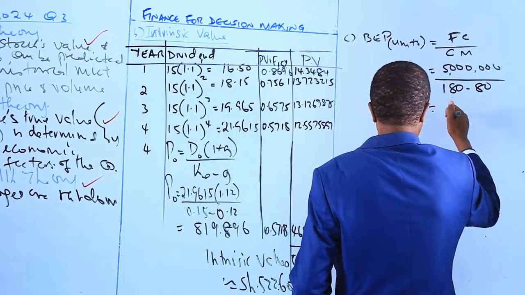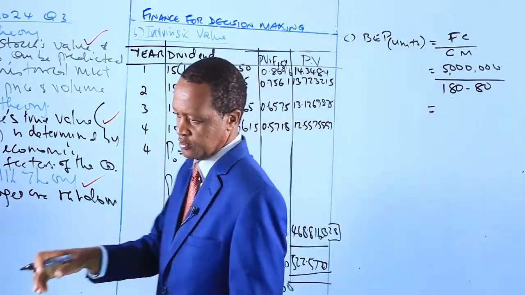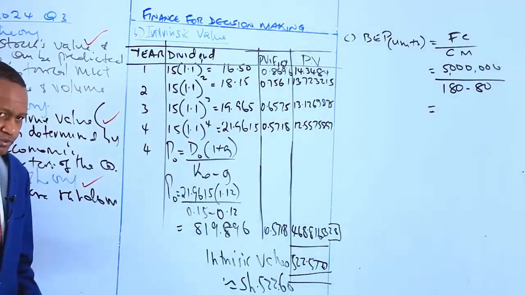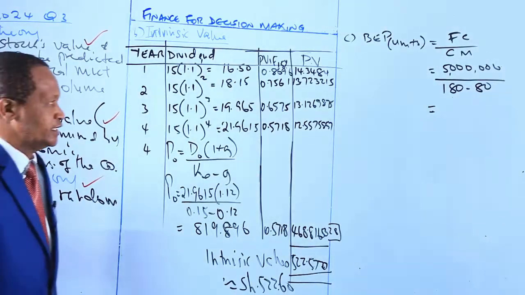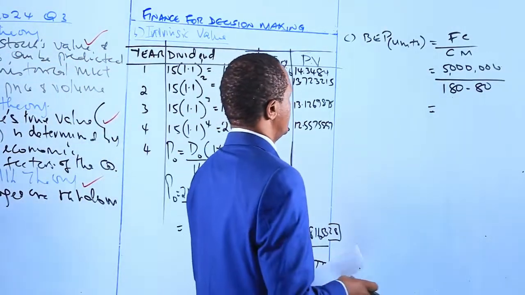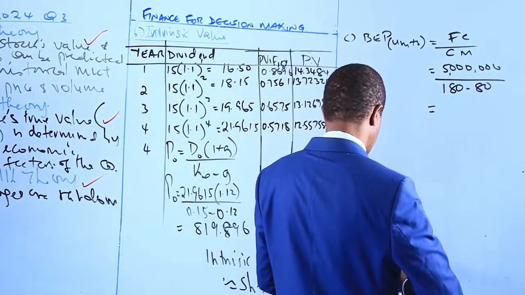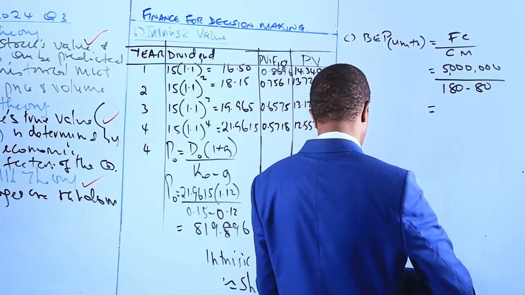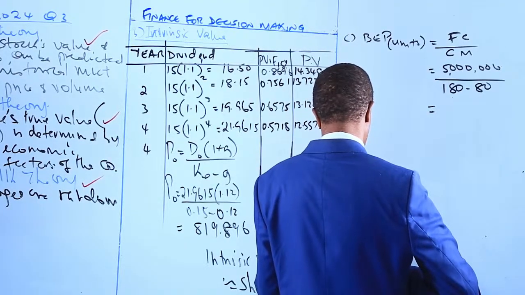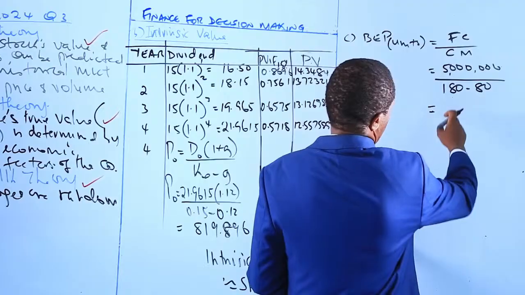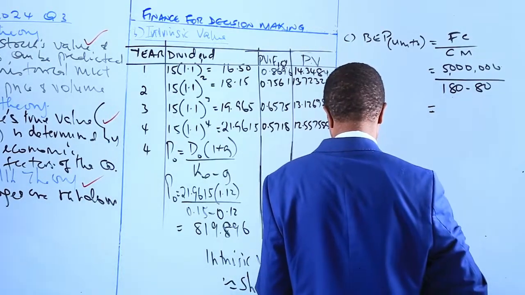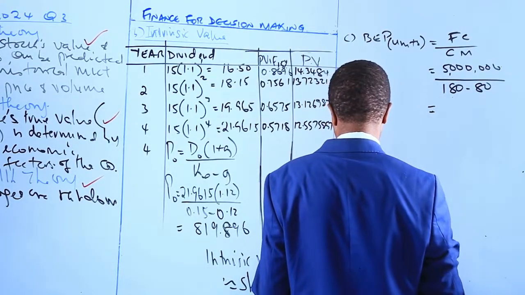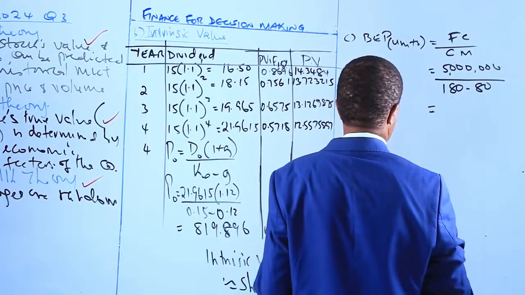So that will give us the break-even point in units. This will be equal to 5 million divided by 180 minus 80, which is just 100. This is equal to 50,000 units.